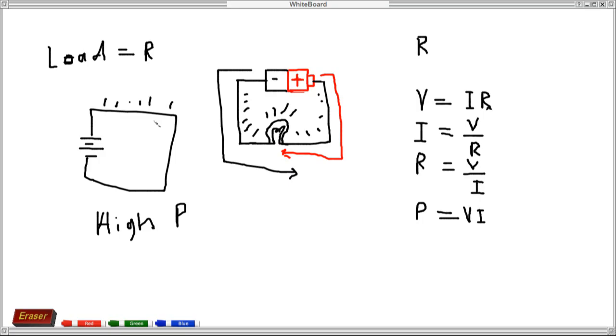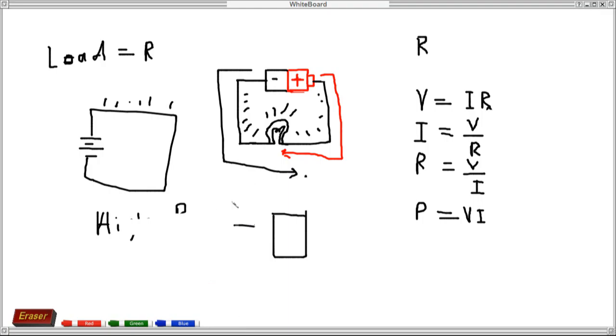That's why you have breakers in your house and everything. When it gets to a point where that wire starts to overload and heat up, your breaker box has this magnet.